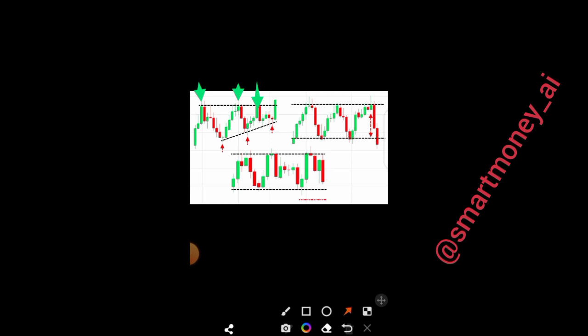So these guys here are our resistance levels. Same thing applies to these guys. You see what's happening here? Price reaches here, stops coming down and then moves upwards. Same applies here and then here too.